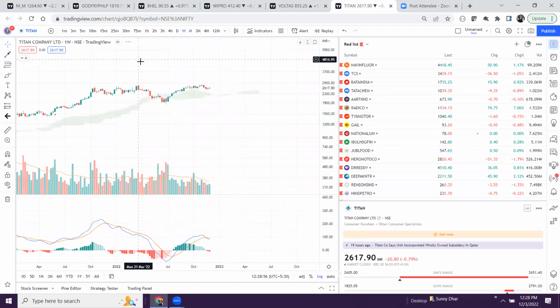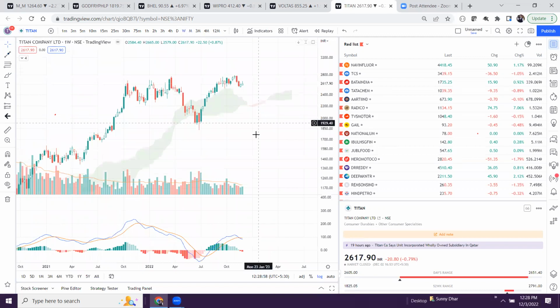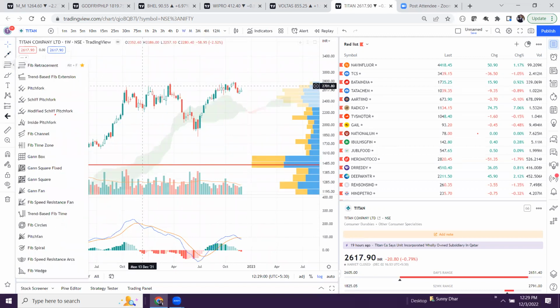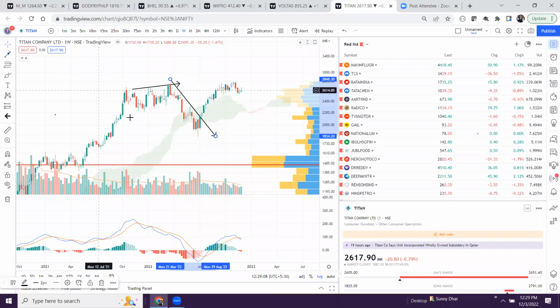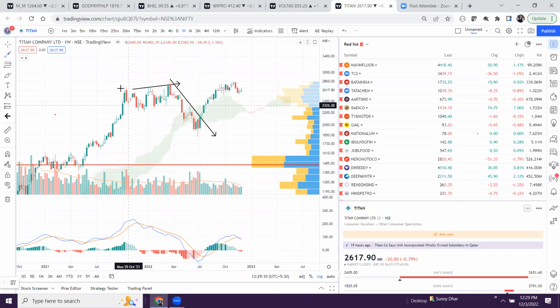Now go to the weekly chart. The correction was over here, right? You can see this 3-wave structure, and then again an up move.